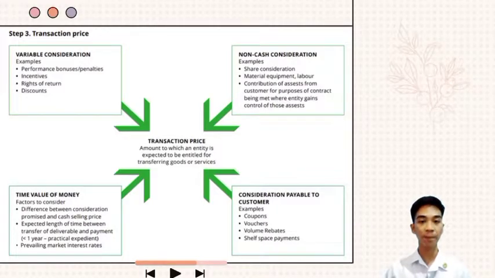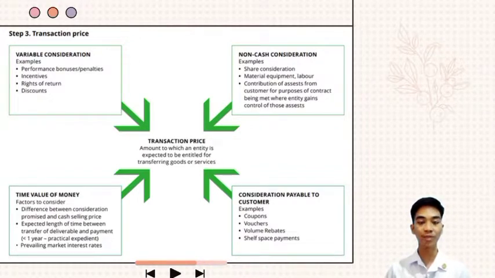As a recap, transaction price is the amount to which an entity is expected to be entitled to for transferring goods or services. At meron tayong 4 factors that may affect the transaction price. First is the variable consideration, which for example are performance bonuses and penalties, incentives, right of returns, and discounts.